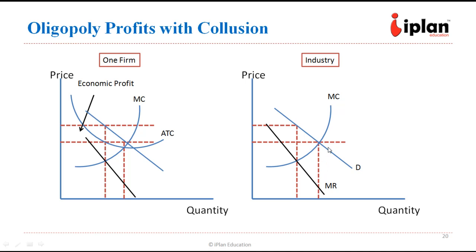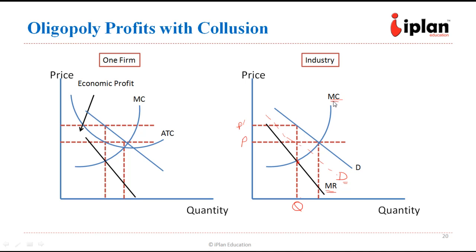This is the marginal cost. This is the marginal revenue. So this is the quantity which should be produced, Q, and the price will be P. If more and more companies are joining, so this is the demand curve, this will be the new price, P. Still it is much higher than the marginal cost.